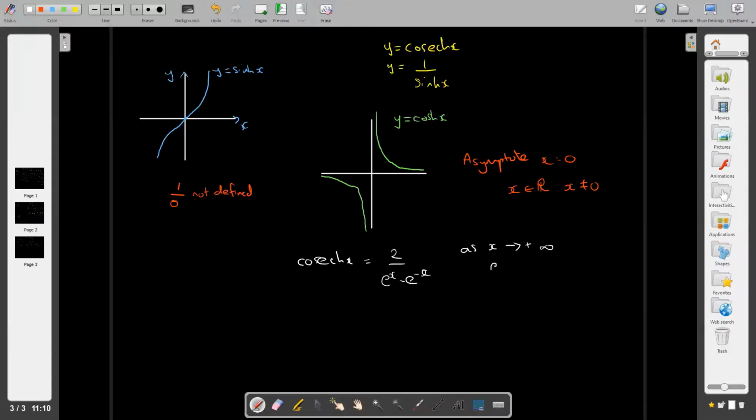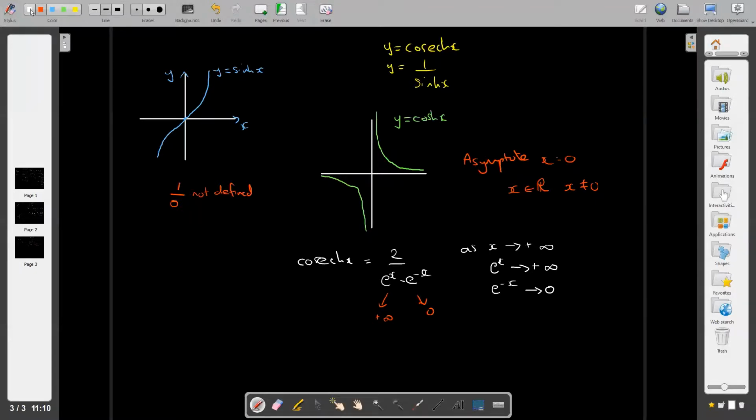We know that e to the x will get arbitrarily larger, it will get massive. E to the minus x will tend to 0. So as we go to the right, this term here will go to 0, this term here will go to positive infinity, and so the whole thing will collapse down to 0.